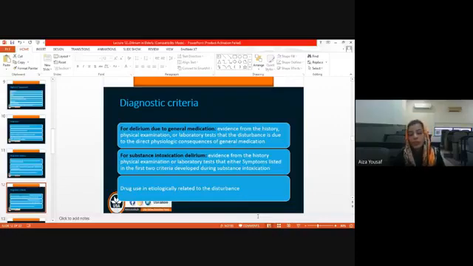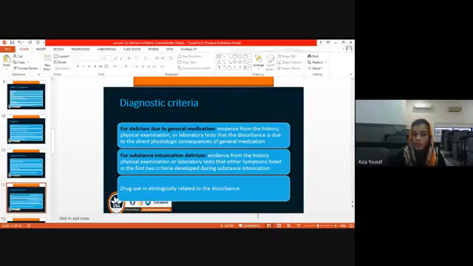consequences of general medication. As we have discussed earlier, certain medications which we use over a long period of time, drug abuse, or alcohol may cause delirium if used for a longer period of time.